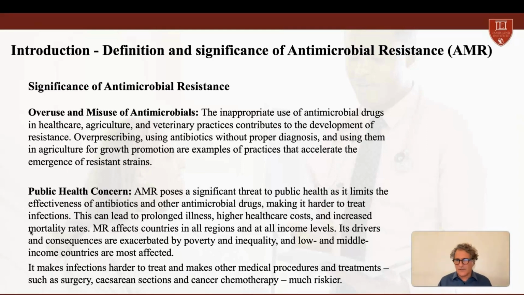It could be not correct in terms of using too much, for example, antibiotics, or it can be created by the fact that we use the wrong antibiotics for some specific virus, where they don't work.